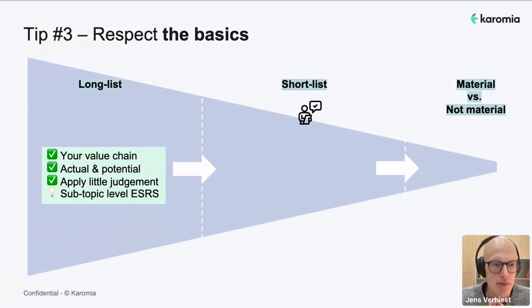So do not think only about your own activities, but make sure to also identify the IROs that are happening up and downstream, and not just one level up and one level down, but make sure that you look at your entire value chain and that you are complete and exhaustive in that, that you're not just looking at suppliers, but that you can also think about suppliers of suppliers and customers of customers.